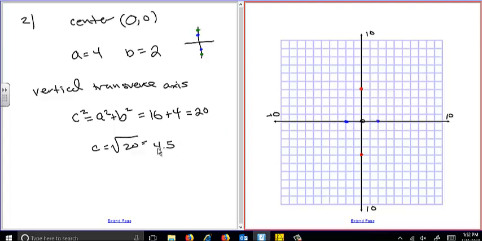And because this is the vertical transverse axis, we go up. These are always aligned. So we go 4.5 and -4.5. And then we can draw our little box.